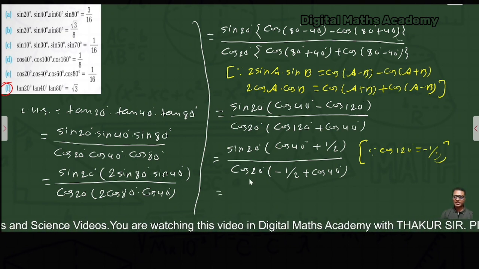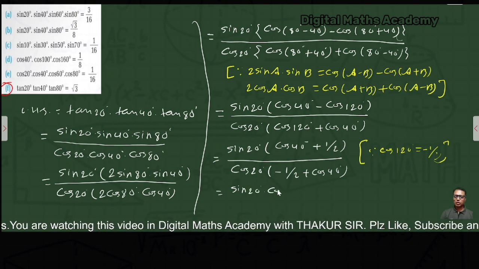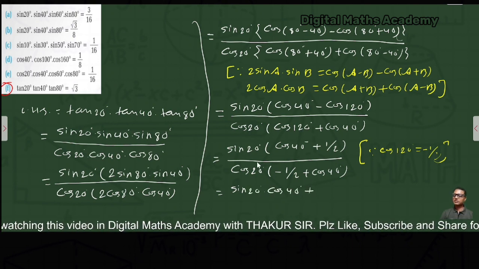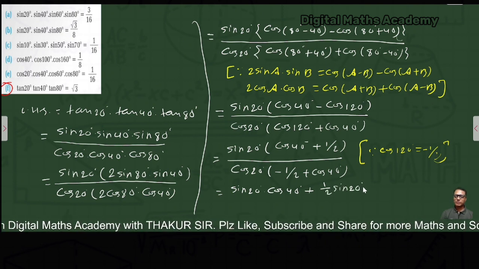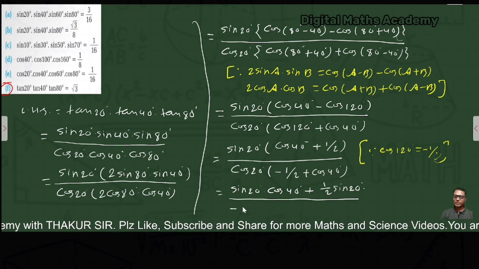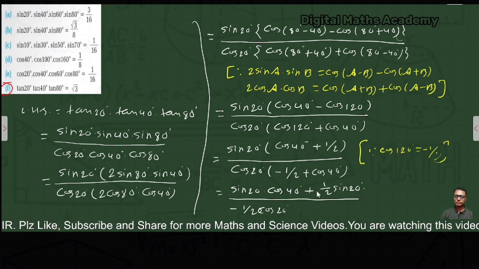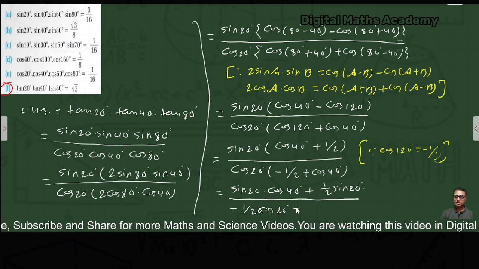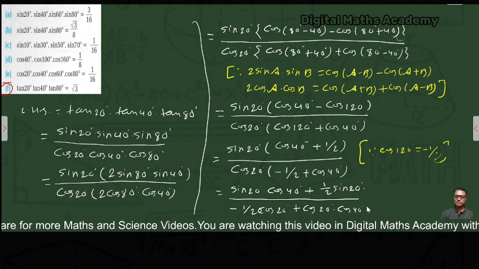So now we are going to open the bracket. So when we open the bracket here, it becomes sin 20 degree dot cos 40 degree plus 1 by 2 sin 20 degree, right? Here we write minus 1 by 2 cos 20 degree plus cos 20 degree dot cos 40 degree.